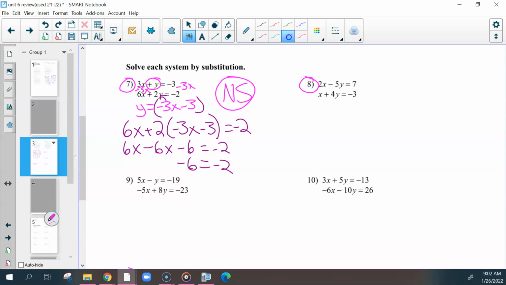Let's do number 8. For number 8, same thing. One of these is not already solved for x or y, so we have to find one that is. Here we have an x that has a coefficient of 1, so we're going to solve that equation for x by subtracting 4y on both sides.